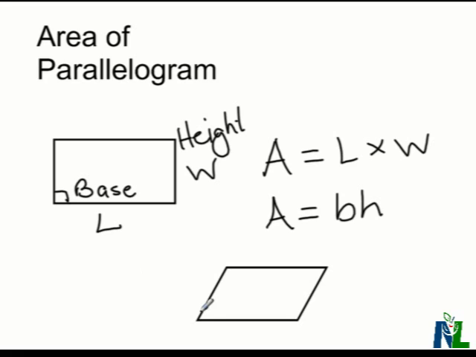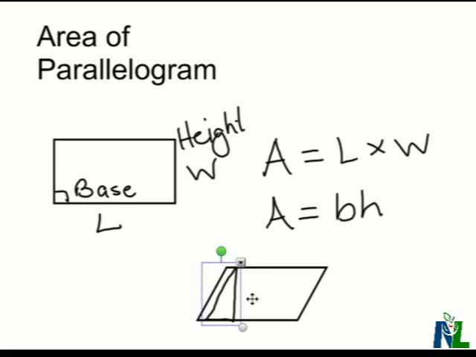So I'm going to show you a little something now. If we trace right along here, and we meet at 90 degrees like that, we've made a little triangle shape.